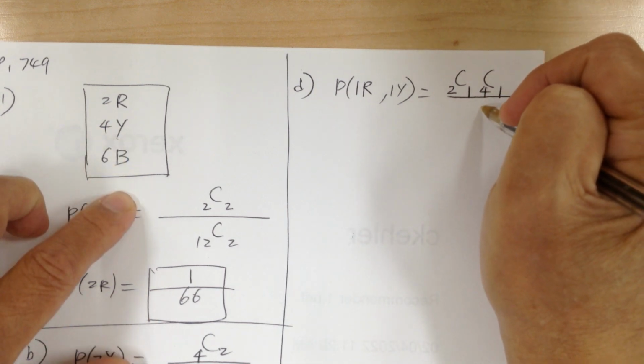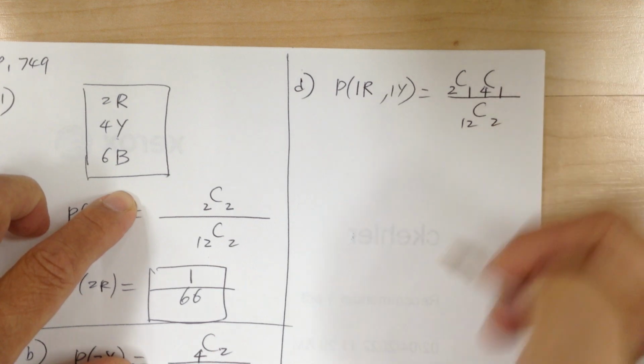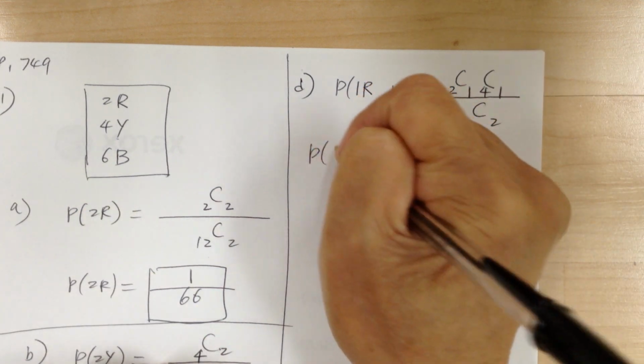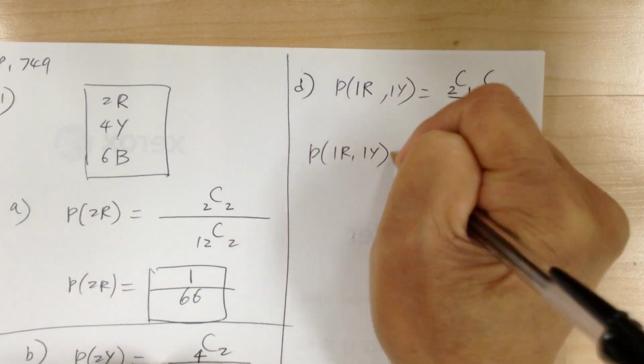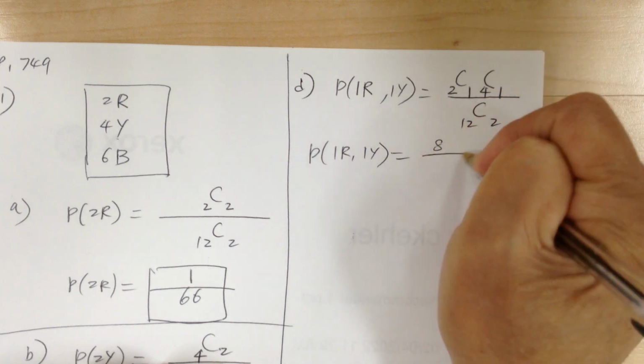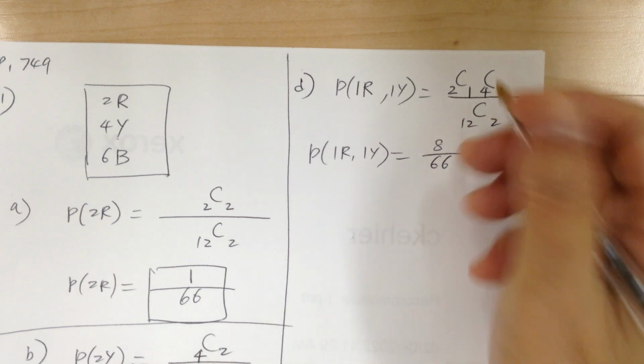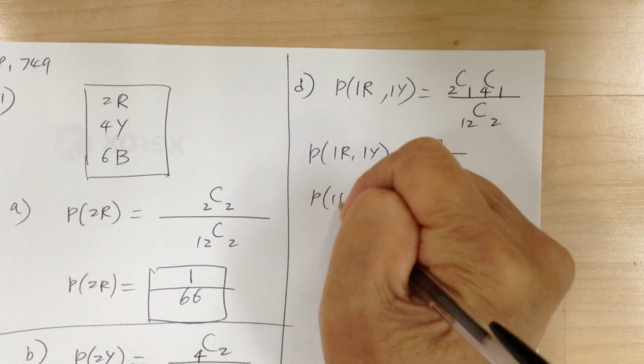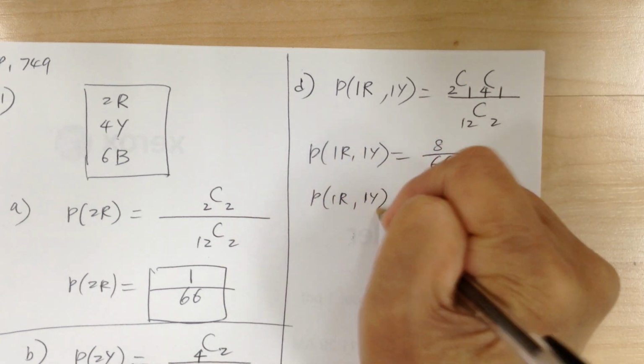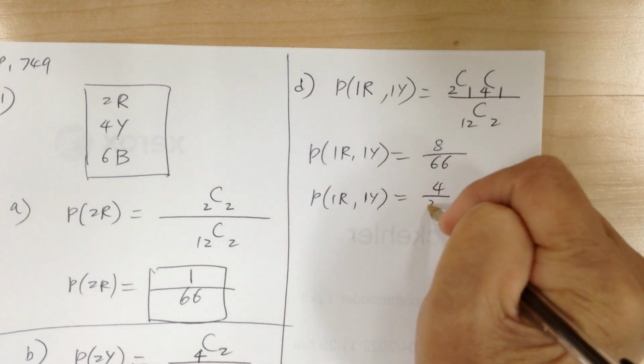And again, the sample space, there are 12, and you want to get 2. So the probability of getting 1 red, 1 yellow is equal to 8 over 66. Again, you can work it out, and you divide it by 2, you're going to get 4 over 33.